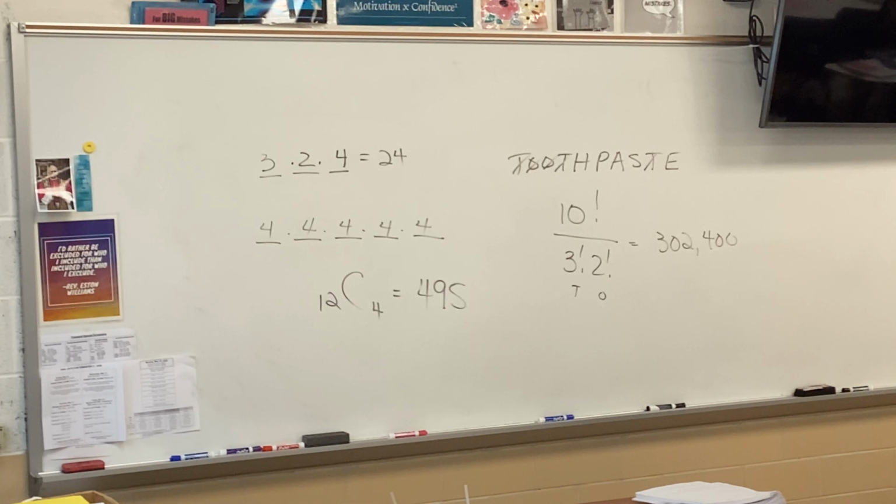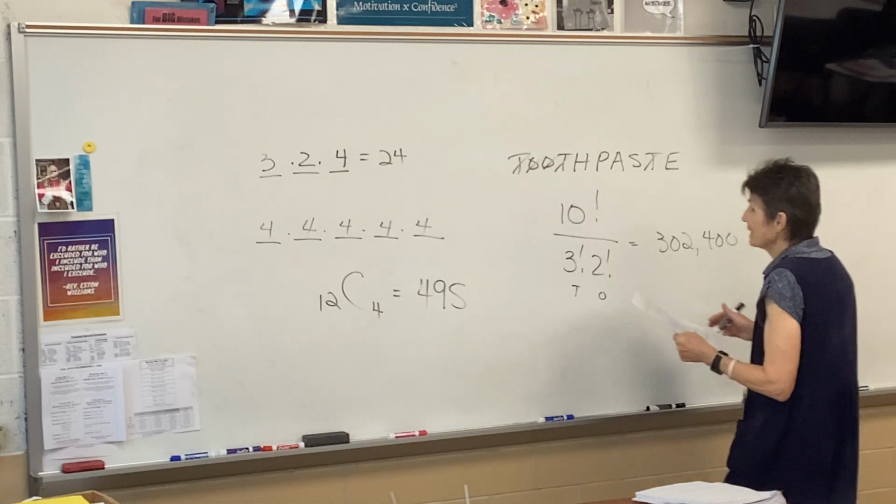So 5 people sitting on a log in the woods would be 5 factorial. But 5 people around a campfire would be 4 factorial. And 4 factorial is 24. So the answer is 24.